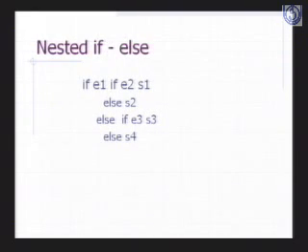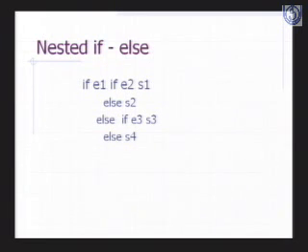Then there is another format of if else that is called the nested if. Suppose you have a requirement like if the following expression's condition is true and the other condition is also true and the other condition is also true, then you have to execute so and so statement, otherwise you have to execute other statements.